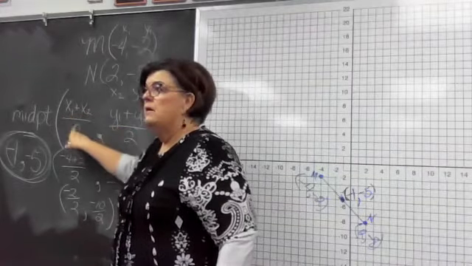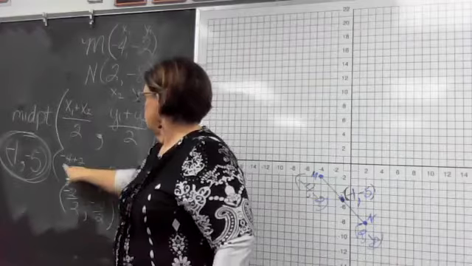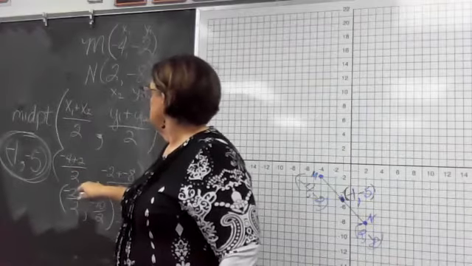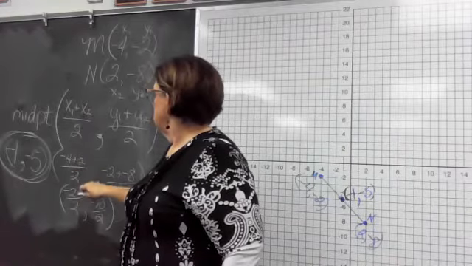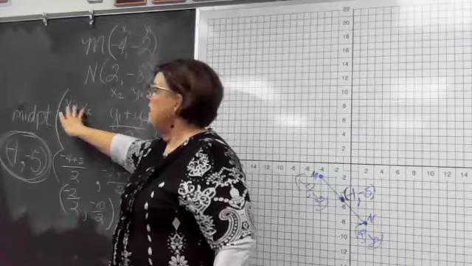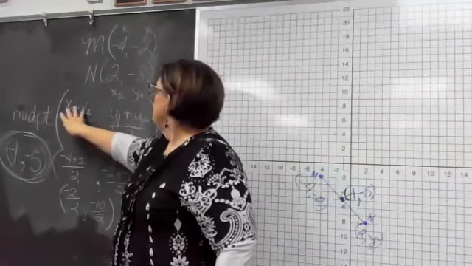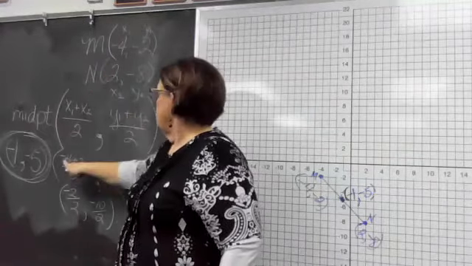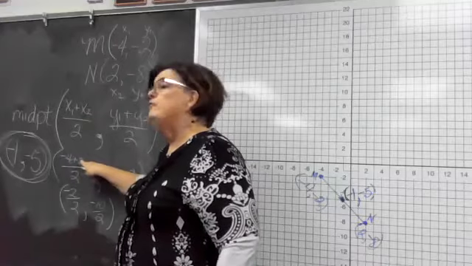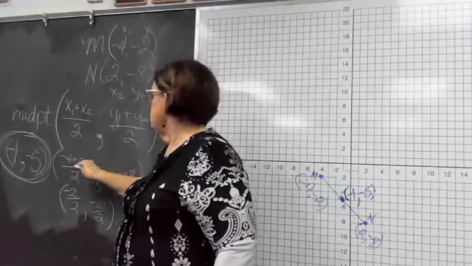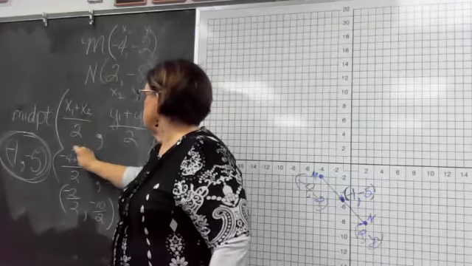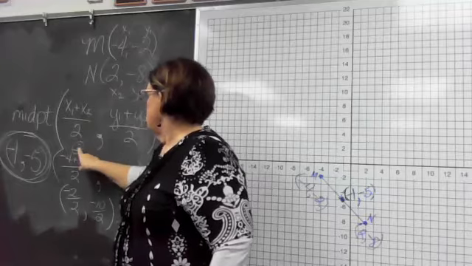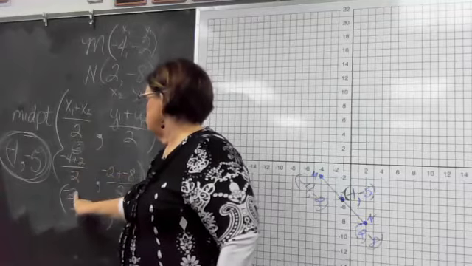This is divided by 2. 1 divided by 2. Okay, you have to add first. So I picked out my x1 and x2, and I added those. You add those first and get an answer, which now you know is -2. And I put it divided by 2.